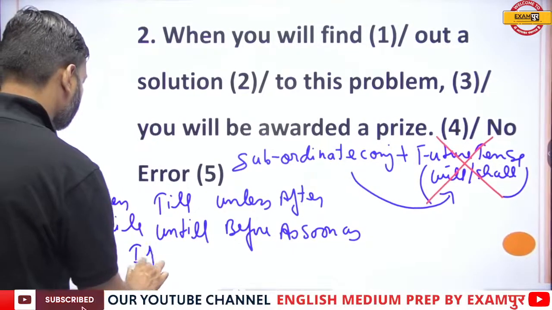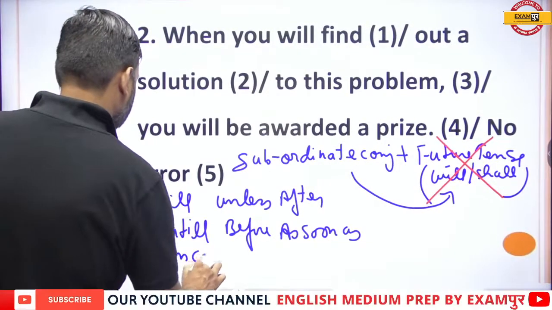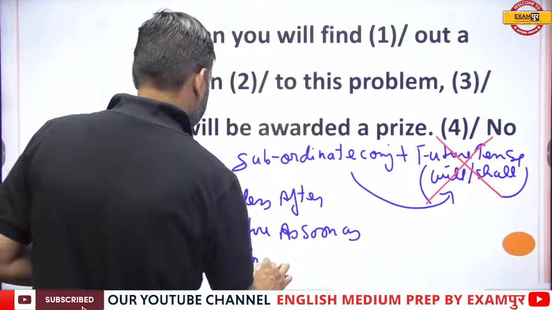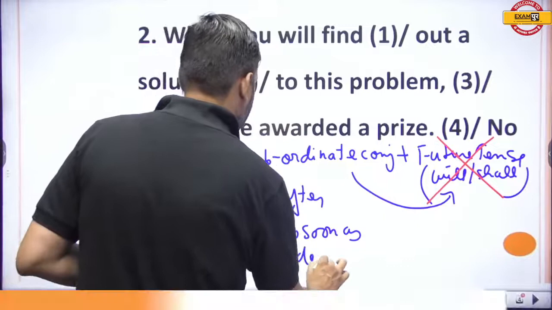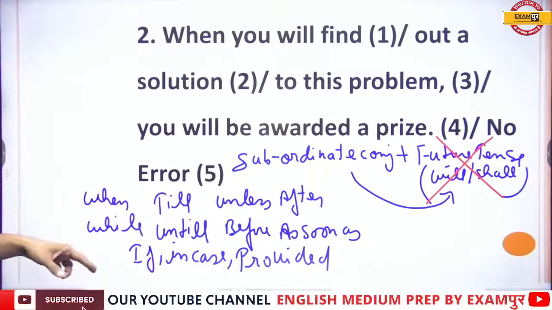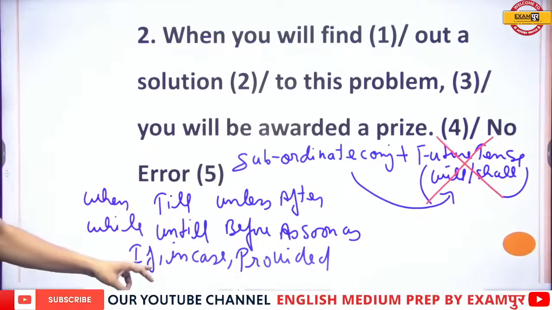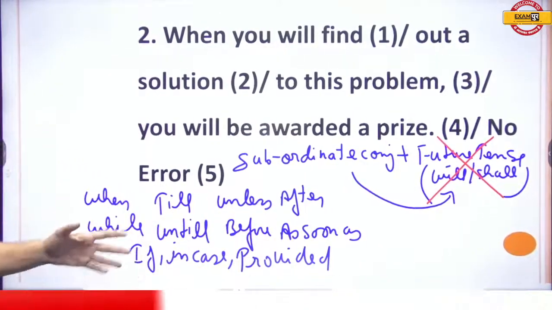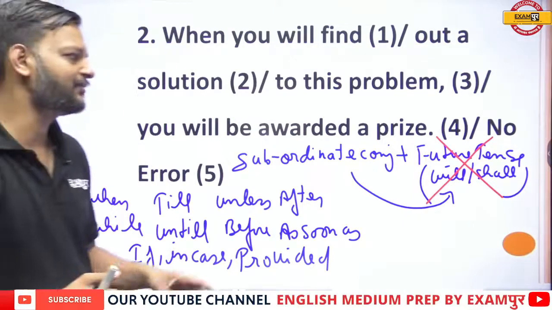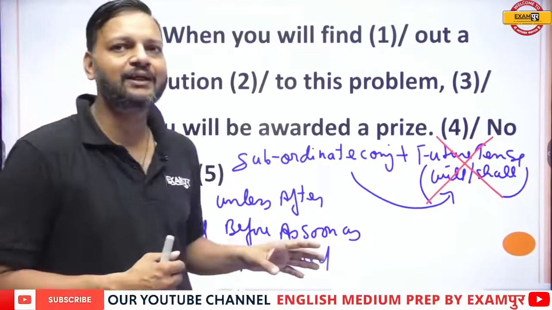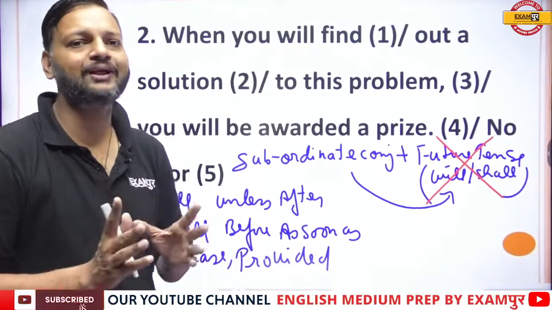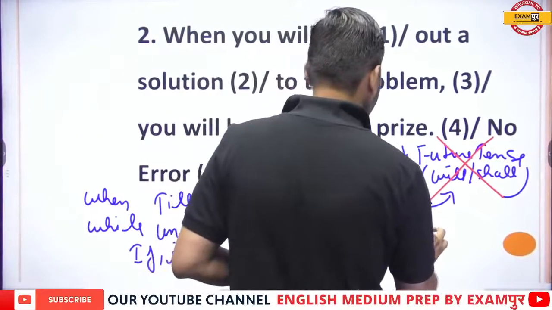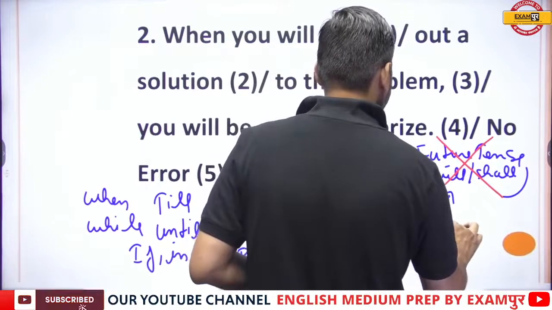Also if, in case, provided, all these are subordinate conjunctions. When, while, till, until, if, in case, provided, before, as soon as, unless, after, all these are subordinate conjunctions. And as I told you, after a subordinate conjunction you cannot use future tense, that is will and shall. So after these words you cannot use will or shall.